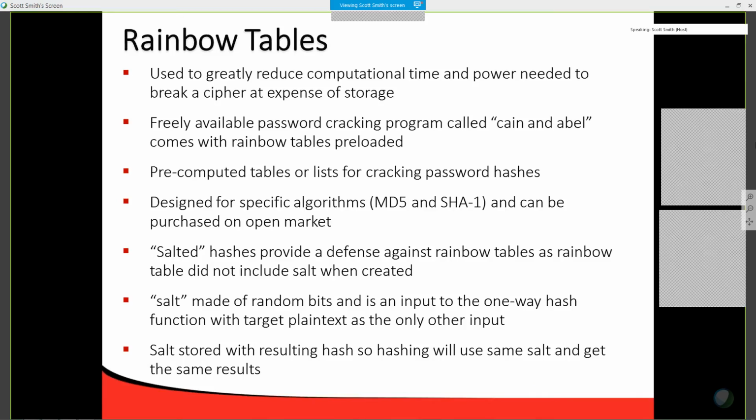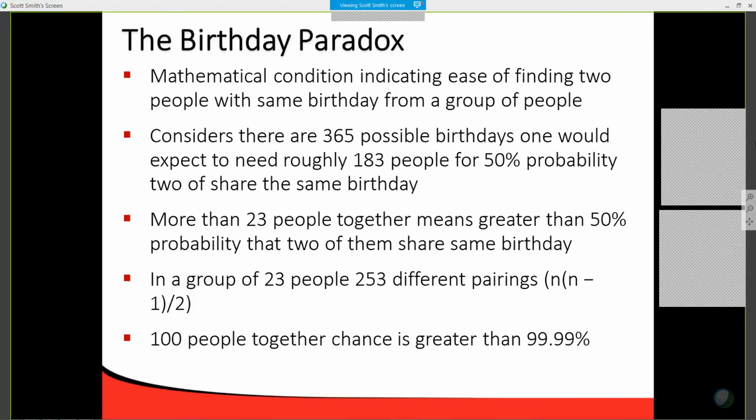Okay. So the birthday paradox. A mathematical condition indicating the ease of finding two people with the same birthday from a group of people. 365 possible birthdays in a year. Of course, we're not taking into account leap year. You would need roughly 183 people for 50% probability that two people share the same birthday.